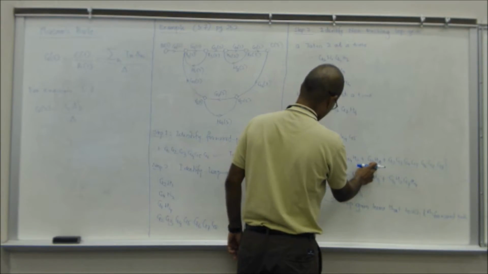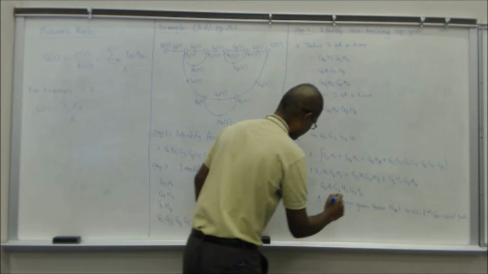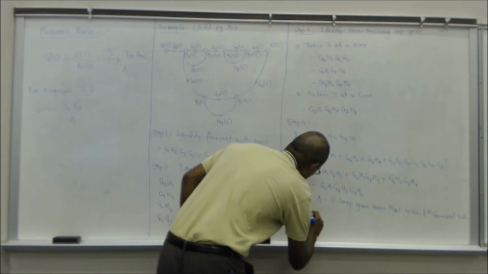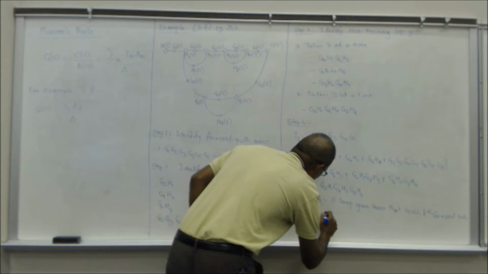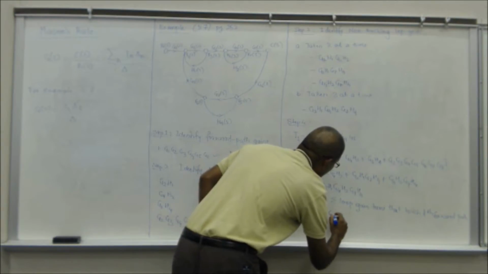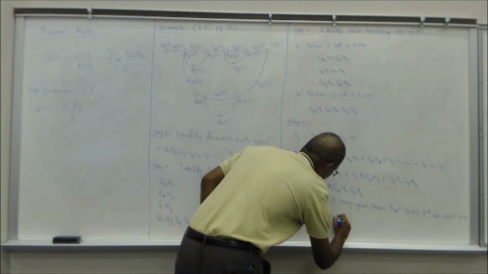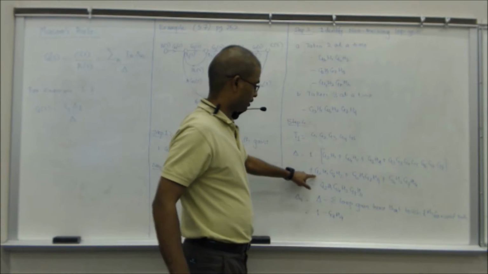This does not get eliminated. And this gets eliminated. So you have 1 minus G7H4.